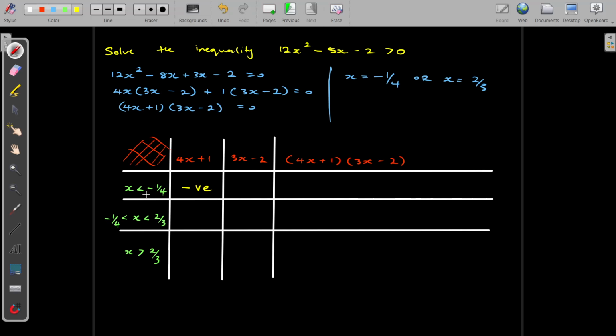But it would be best to try and substitute, well, even though if we substituted this exact value in this, we're going to get 0. So that means any value we substitute less than this, we're going to get a negative. And let's see what happens here. If we select a value that is less than this, so a value that could be less than this is -1/4, negative.